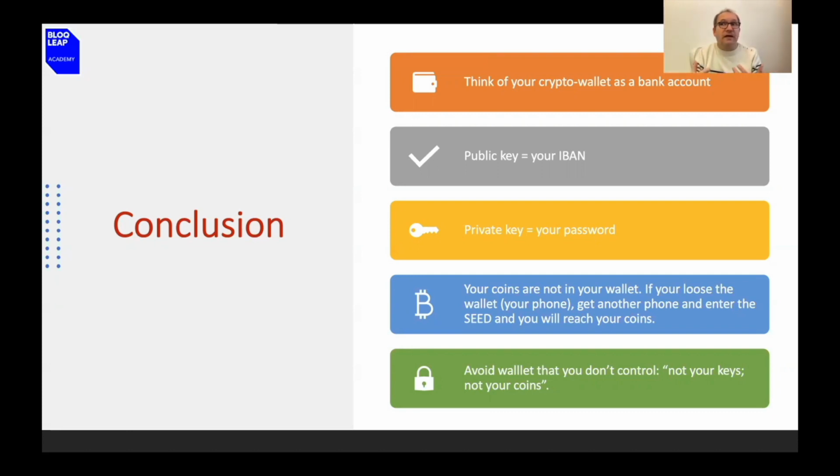So again, you buy Bitcoin, you put it on an exchange, this is the same as putting your money in a bank. Technically, nothing is going to happen, but it could if there is a crisis. You go to the bank, sometimes the bank is closed and you can't get your money. The same could happen with your crypto. We will talk about that later on.